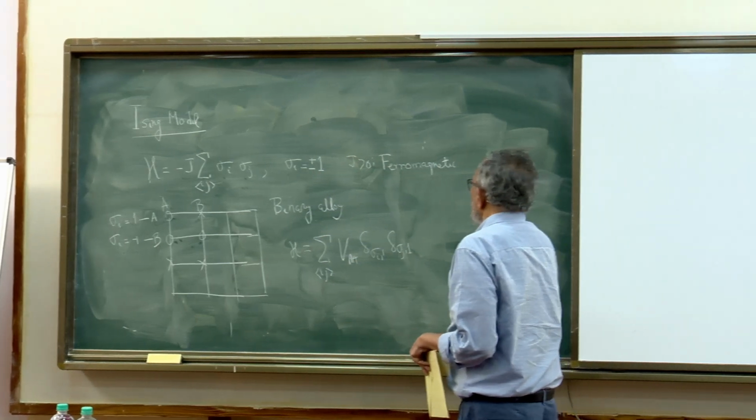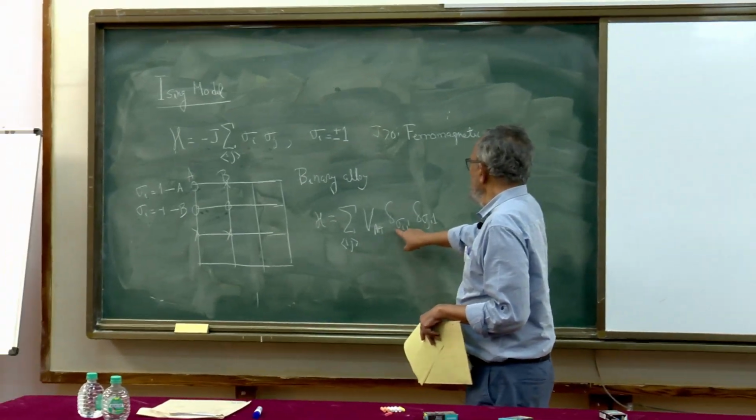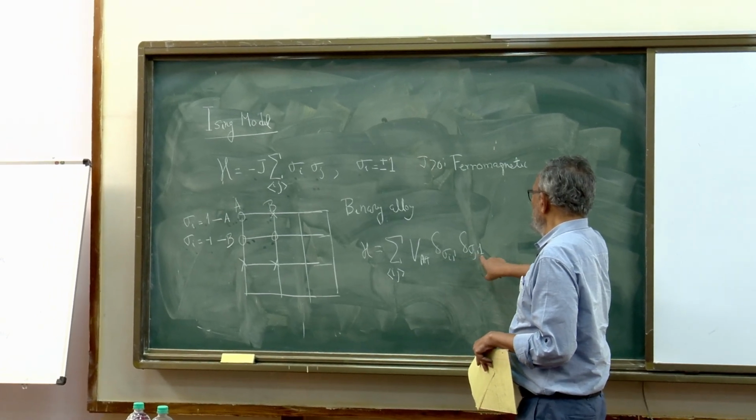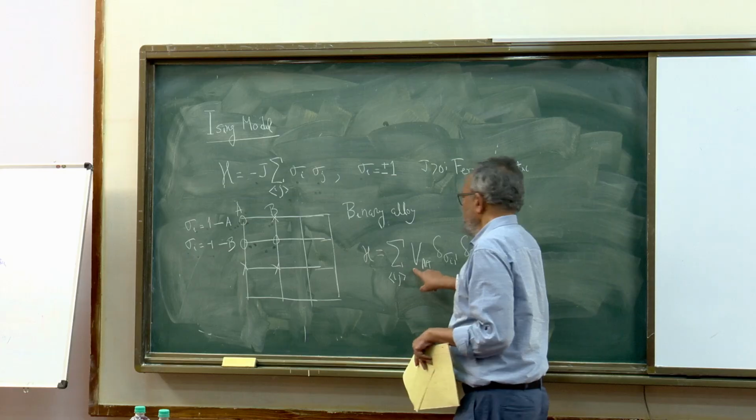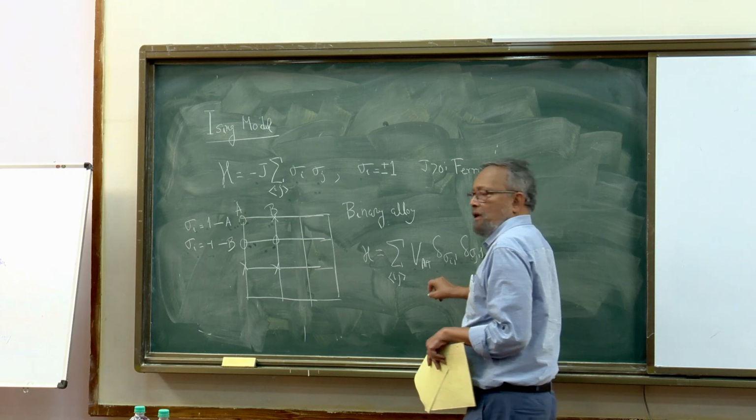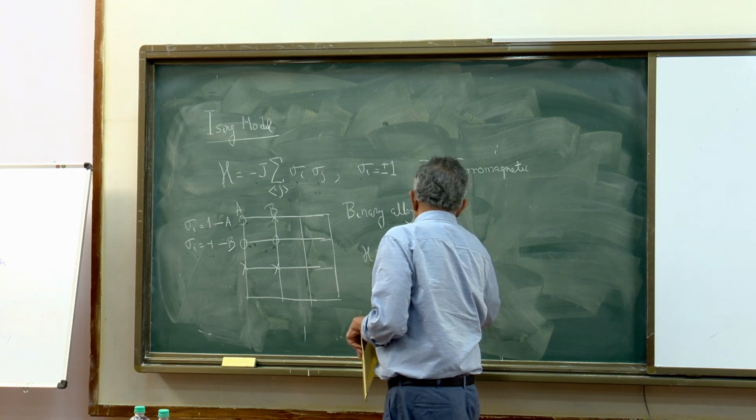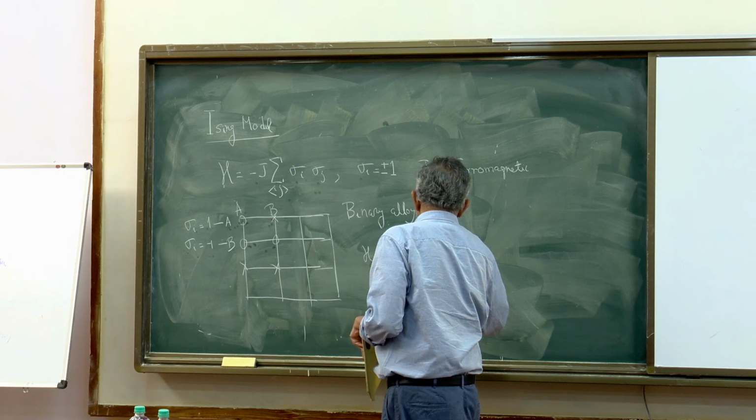So what does it say? If sigma_i is equal to 1 and sigma_j is equal to 1, that basically means both of them are A particles, and then there will be an energy which is V_AA. Similarly, we will have V_AB.